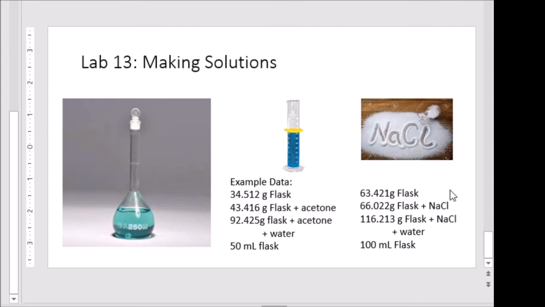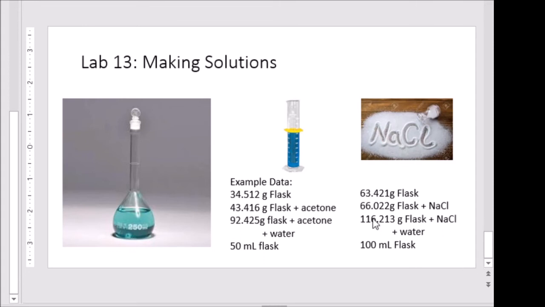I'm going to take this 66.022 and subtract my empty flask, which was 63.421, and I had 2.601 grams of salt, NaCl.